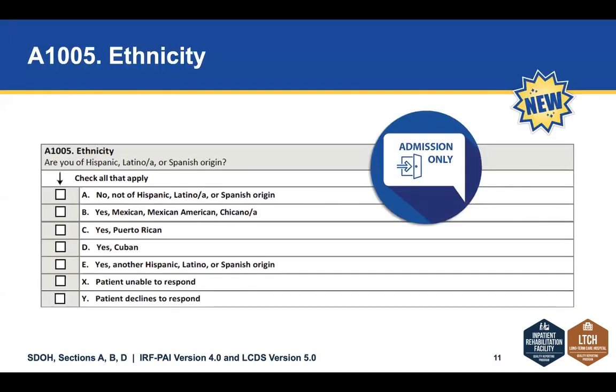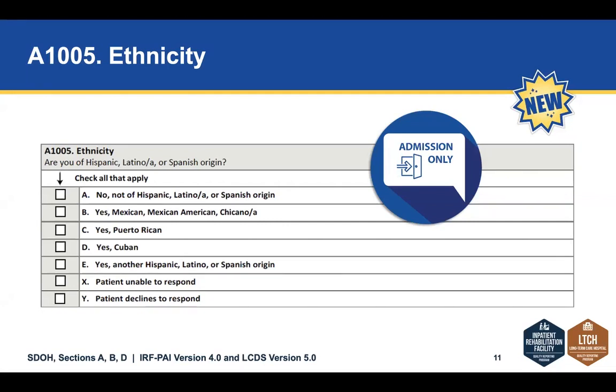This is a snapshot of the data element, as you will see on the assessment instruments. When looking at the IRF-PAI, you'll see that both admission and discharge assessments are contained in one assessment instrument. The LCDS has 4 different time points, which are displayed in 4 different data sets: admission, planned discharge, unplanned discharge, and expired.